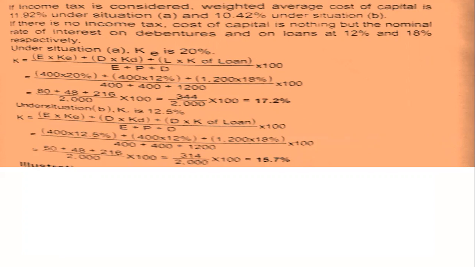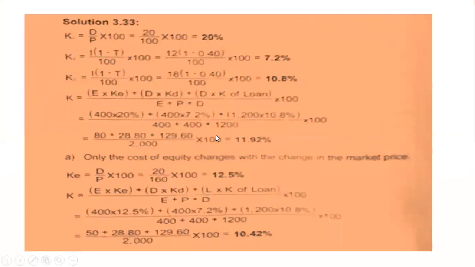In the case of situation A, you can observe here, the weighted average cost of capital was 11.92%. And in the case of B, actually, here there is a slight printing mistake. They have given A, but it must be B. Now in the case of B, the weighted average cost of capital was 10.42%. So in the case of A it was 11.92%, and in the case of B it is 10.42%.